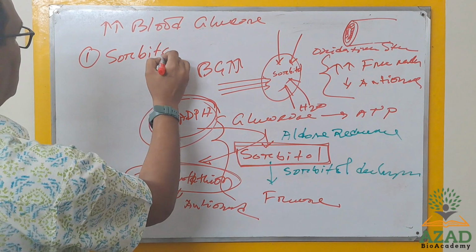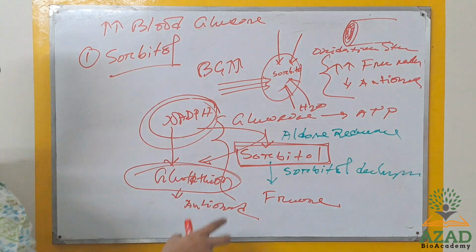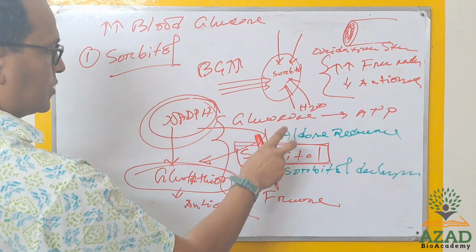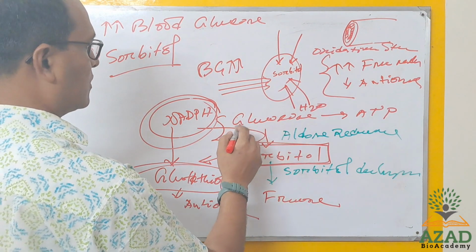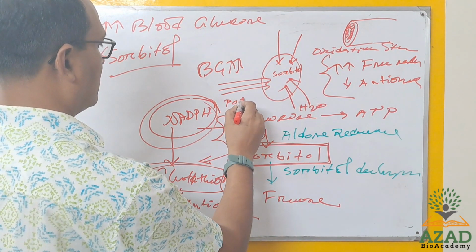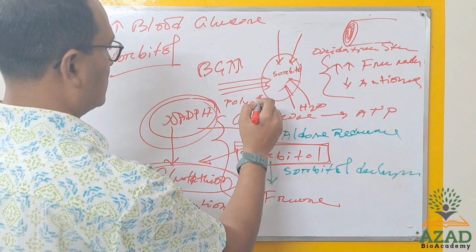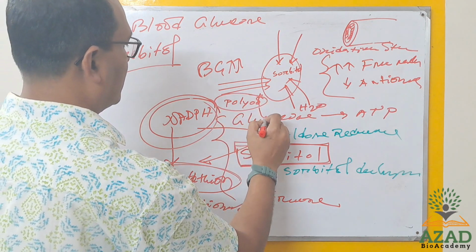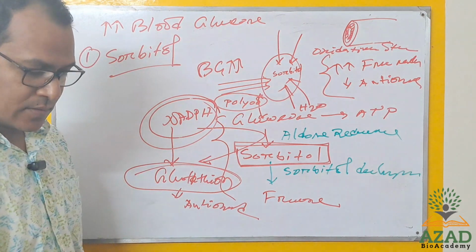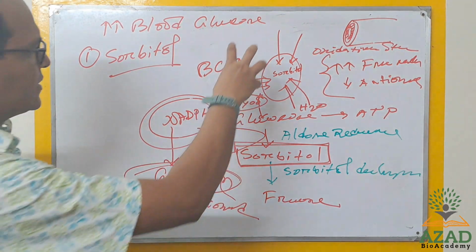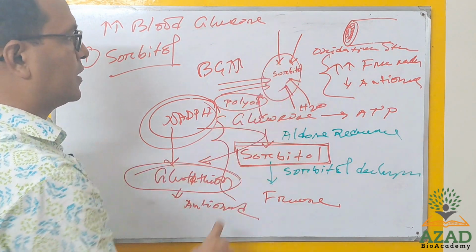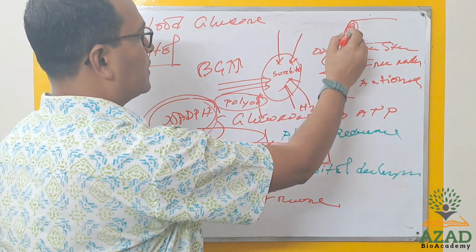Okay, and that pathway, glucose to sorbitol, is called the polyol pathway. So that sorbitol can be produced within your endothelium.